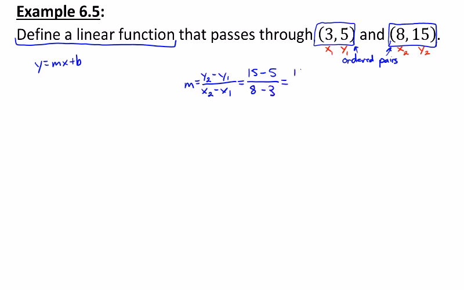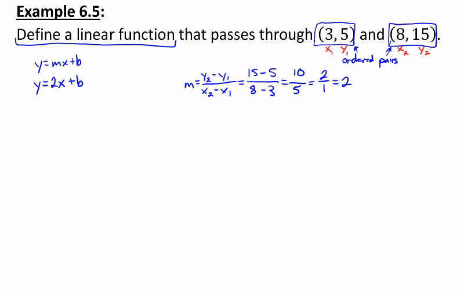That gives me 10 for the change in y and 5 for the change in x. Now we want to reduce this ratio as much as we can, and it reduces to 2 over 1. But in the equation, we typically write it in its simplest form, which would just be the integer 2.